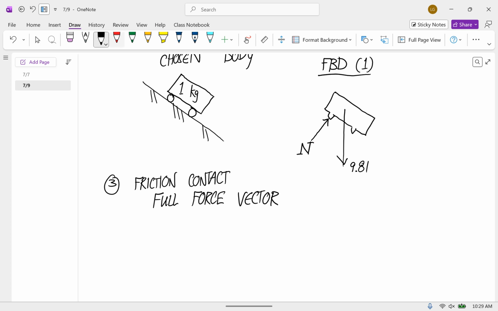So notice that if you're in 2D, that's 2 components. And if you're in 3D, that's 3 components. And I want you to notice that this is different from how you treated friction in Physics 1.